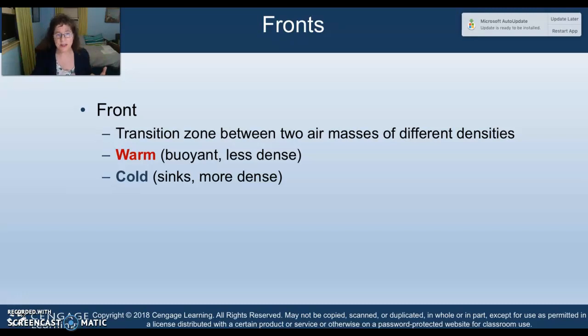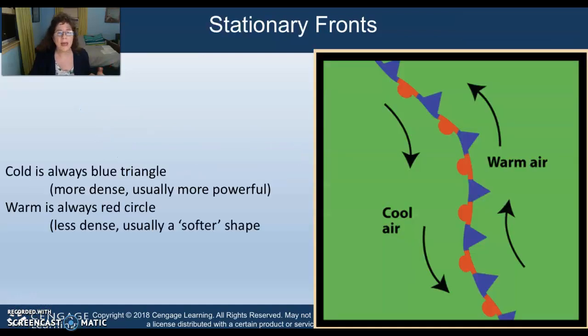In looking at these two, the easiest way to get into this whole field is to talk about stationary fronts, because they don't go anywhere. They're stationary for weeks sometimes, so they're very easy to observe. And when we look at stationary fronts, that is two different air masses, a warm air mass and a cool air mass next to each other.